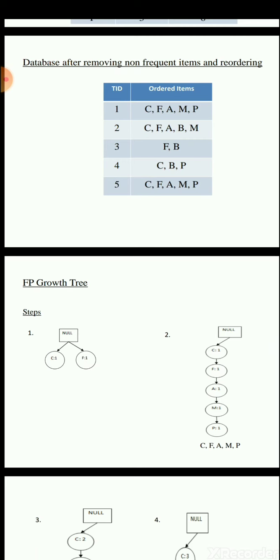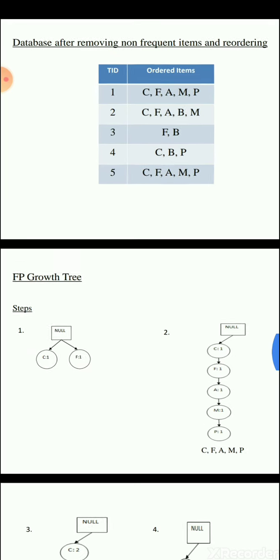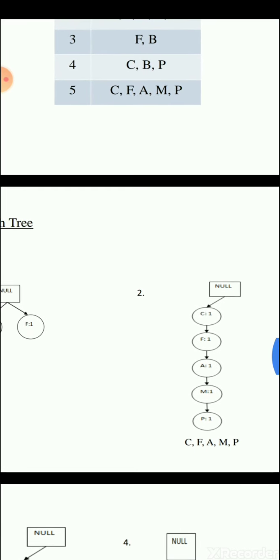Then you take the first transaction, which is C F A M P. So you draw C F A M P, and in each node the count of each letter should be given. For the first, all of them appear once, so we give 1.